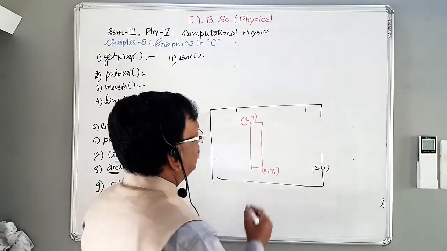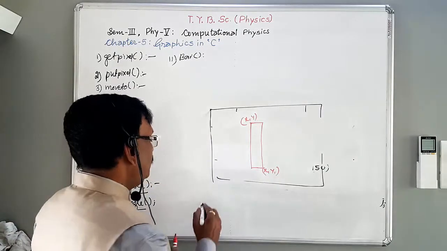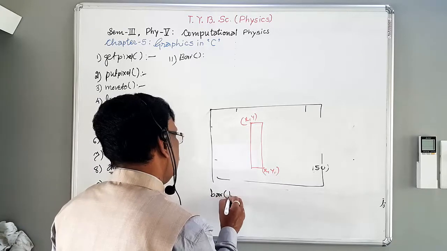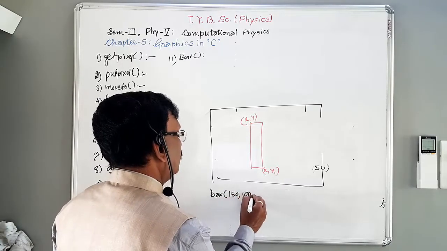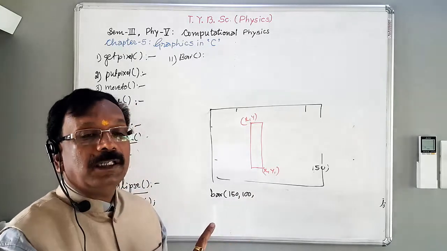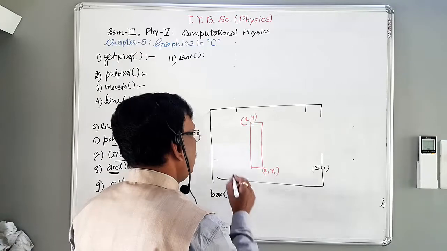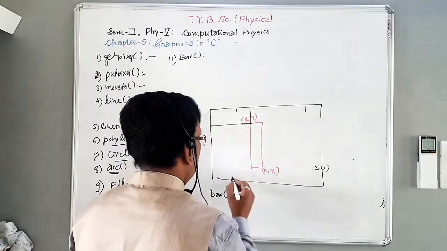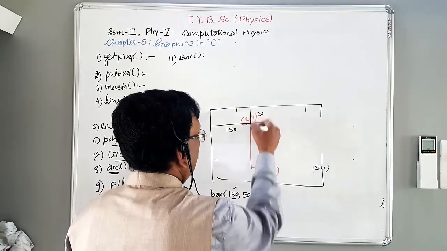So the general syntax for bar is integer x0, y0 and integer x1, y1. Suppose we use a bar. Here 150 is the x coordinate and the y coordinate is 50.